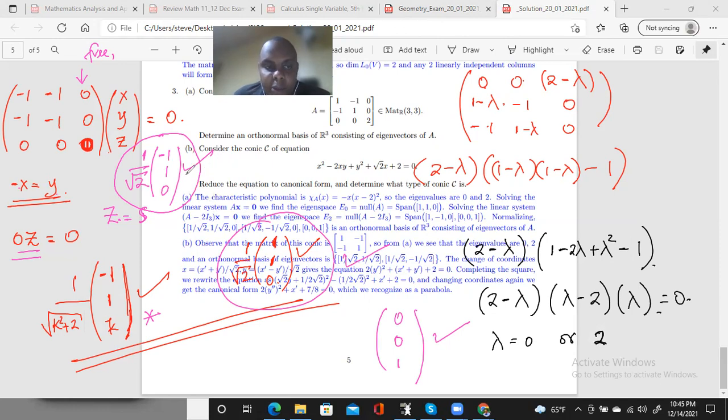Yes. If we choose a scalar negative 1, we would generate another basis, 1 over square root 2, 1, negative 1, 0, which is the same as what they have in the answer. So the two are the same because they are dependent. They are scalar multiples of each other. Okay.